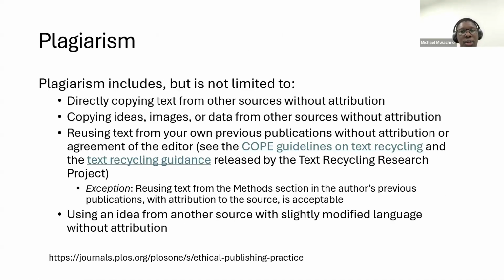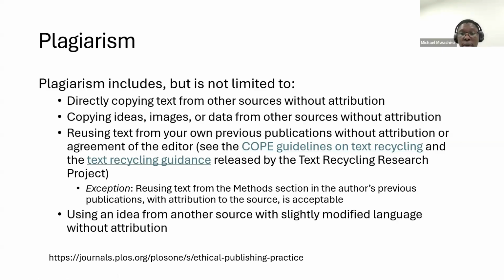So plagiarism includes directly copying text from other sources. For example, this actual paragraph on plagiarism I cited from the PLOS journals. They have a page where they list this: copying ideas, images, or data from other sources without attribution.